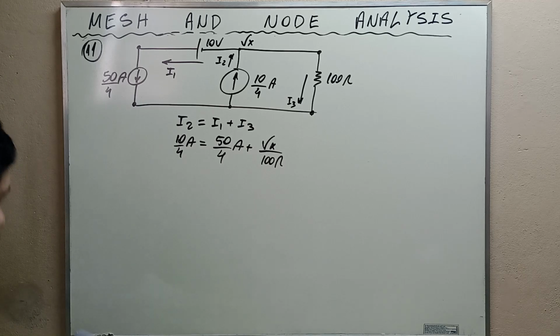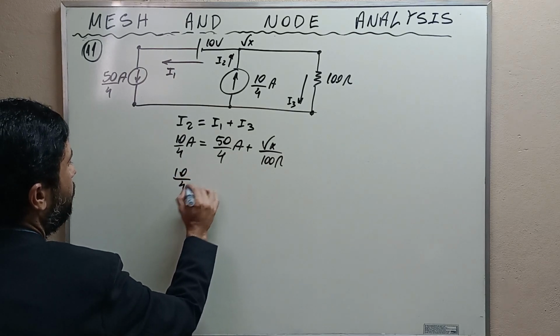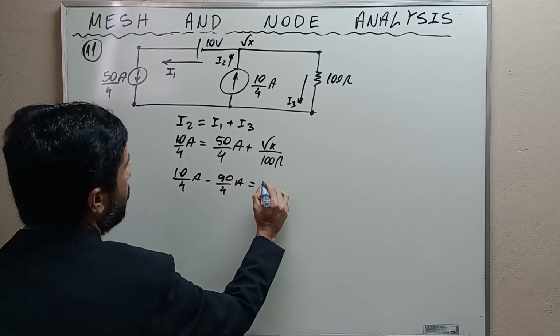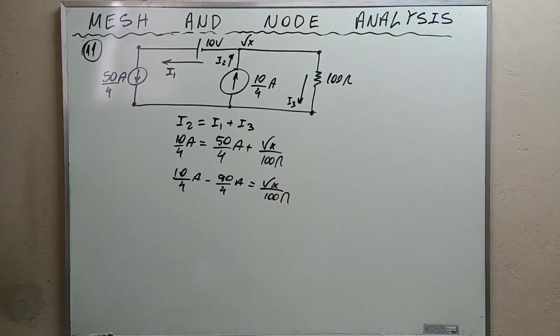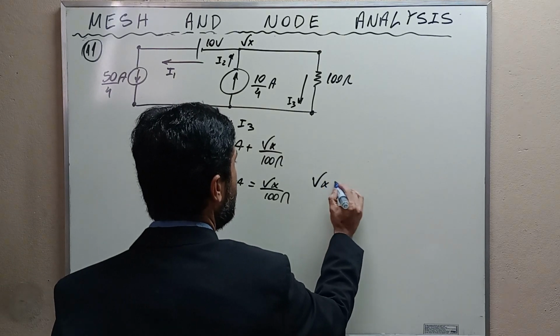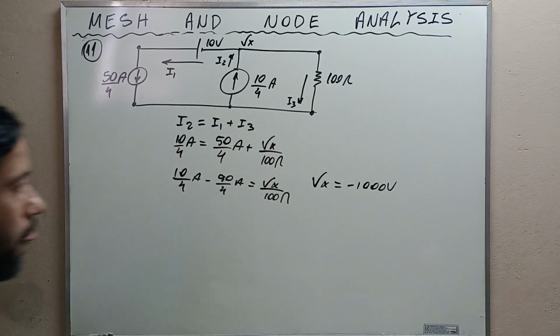I am going to pass this side, and it is 10 over 4 amps minus 50 over 4 amps, and this is equal to Vx over 100 ohms. Simple mathematics, isn't it? If we solve this, we find that Vx is equal to negative 8,000 volts. Okay, this is the value of Vx, 8,000 volts.